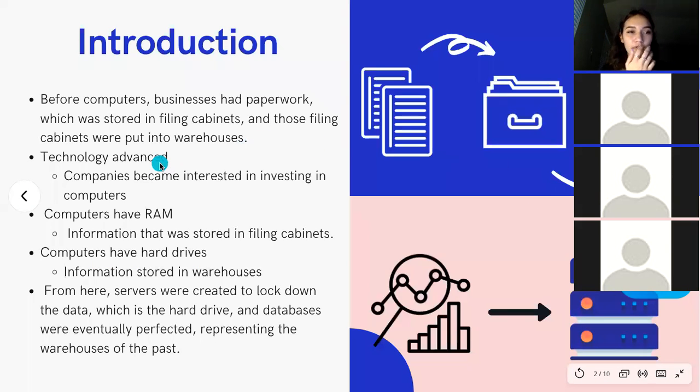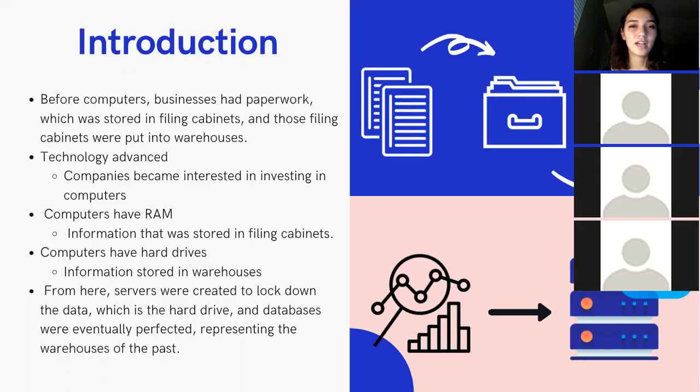Okay, so before I actually go into my project, I want to go way back in time, before computers even existed, and talk about how data was stored. So businesses had paperwork, and that paperwork was put into filing cabinets, and those filing cabinets were put into warehouses. Any form of information was put onto that paperwork, and it was put into those filing cabinets, and those filing cabinets were all stored away.